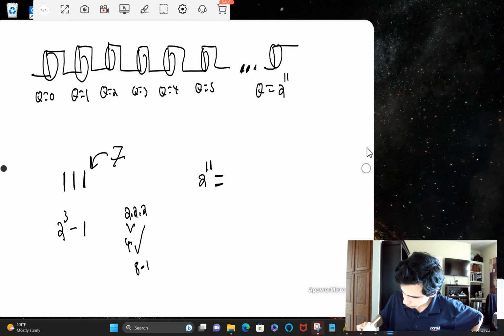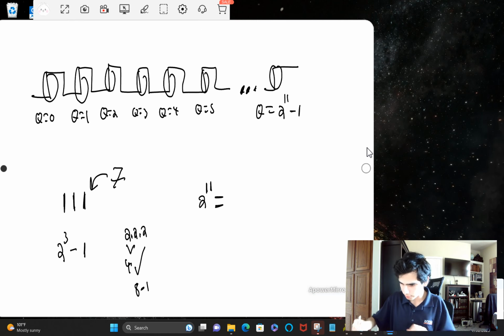So this is the formula. 2 to the 11 minus 1.